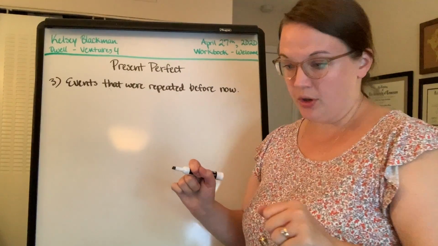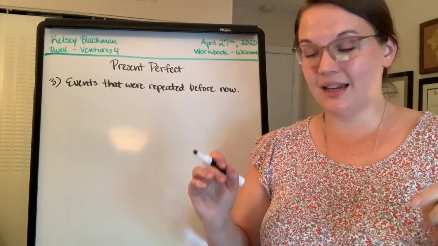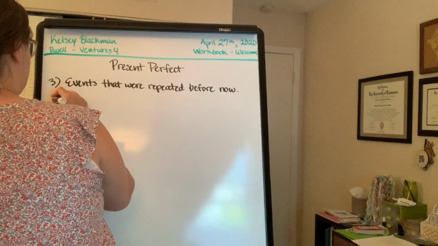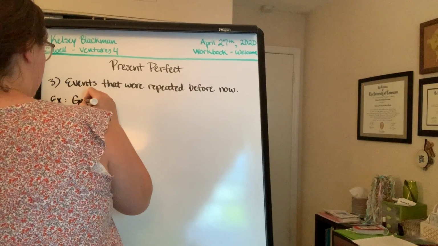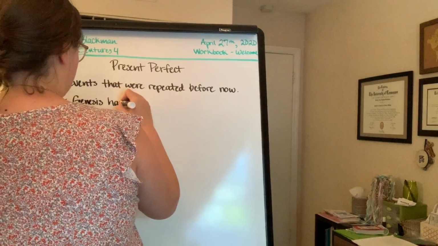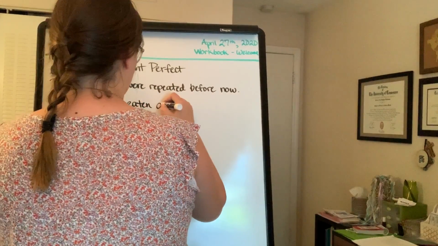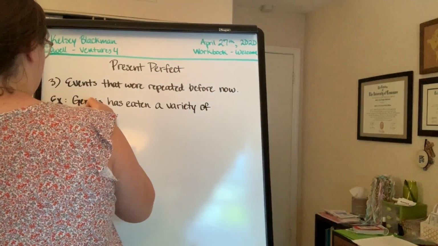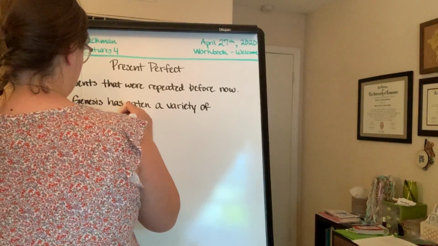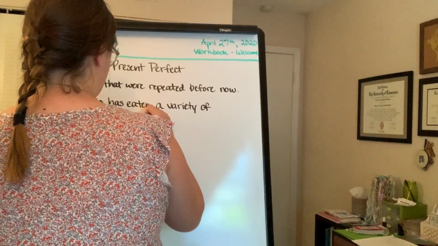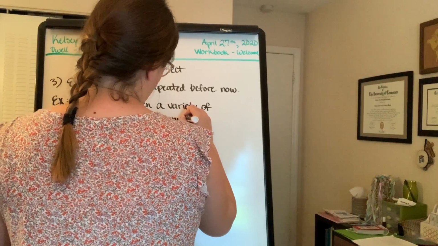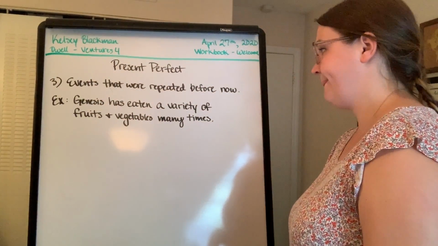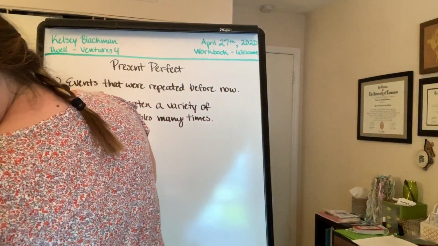For example, Genesis has eaten a variety of vegetables and fruit many times. Okay. So here it would be has eaten.